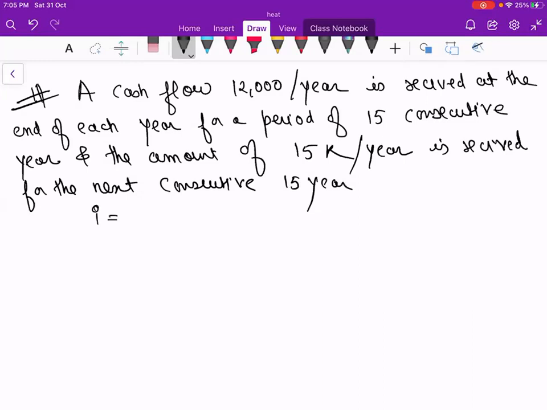Rate of interest is 9% per annum. Calculate P, the present value.